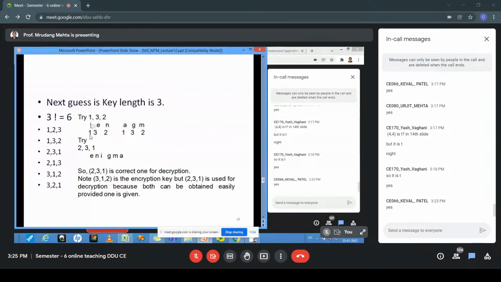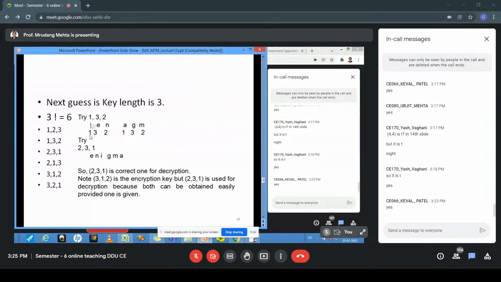So the number of brute force trials required are 2 factorial plus 3 factorial plus 4 factorial plus up to L factorial, where L is the ciphertext length. So sigma I factorial for I equal to 2 to L. Is this clear to all of you? Understood?